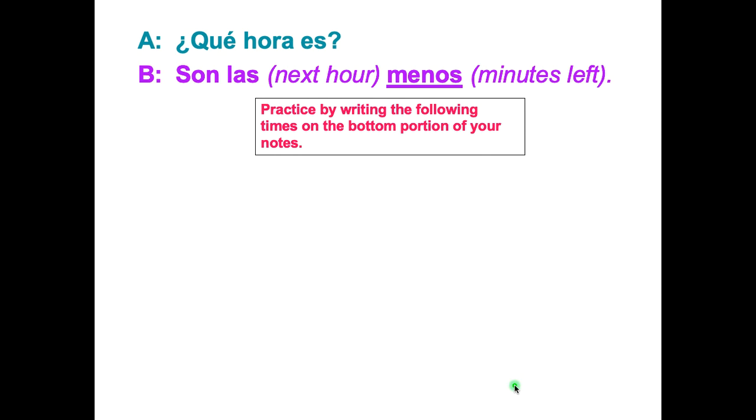Okay? So go ahead and write these times using the menos, okay? On the bottom half of your paper, you could see that you have 6 spaces there. So that's where you're going to do that, okay?